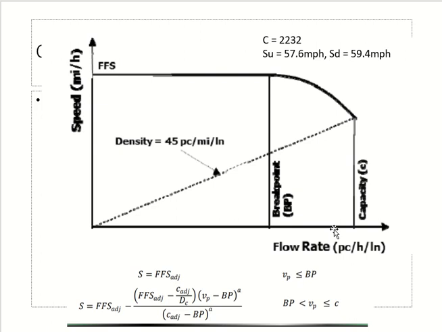What is point number 1 on the curve? Tell me. So I want the x and y value for point number 1. Huh? X value is how much? X is 0 and y is free flow speed. Any problem up till here?